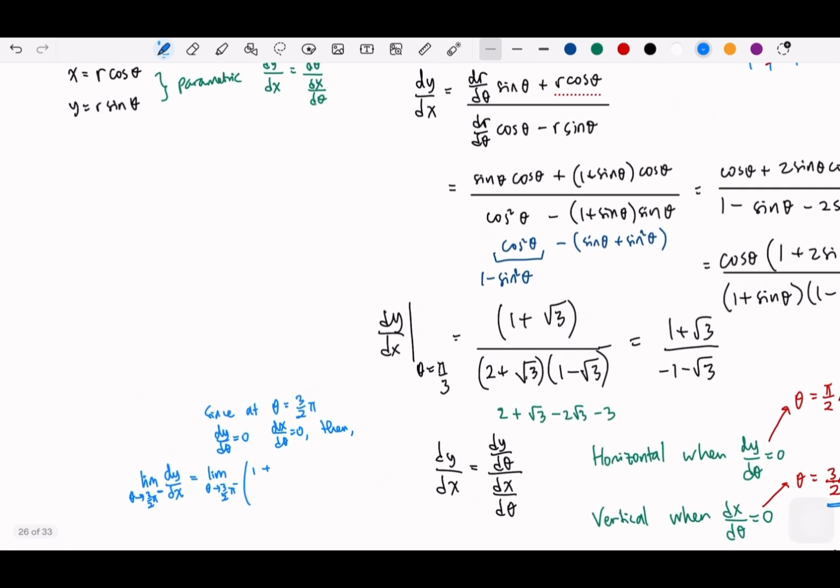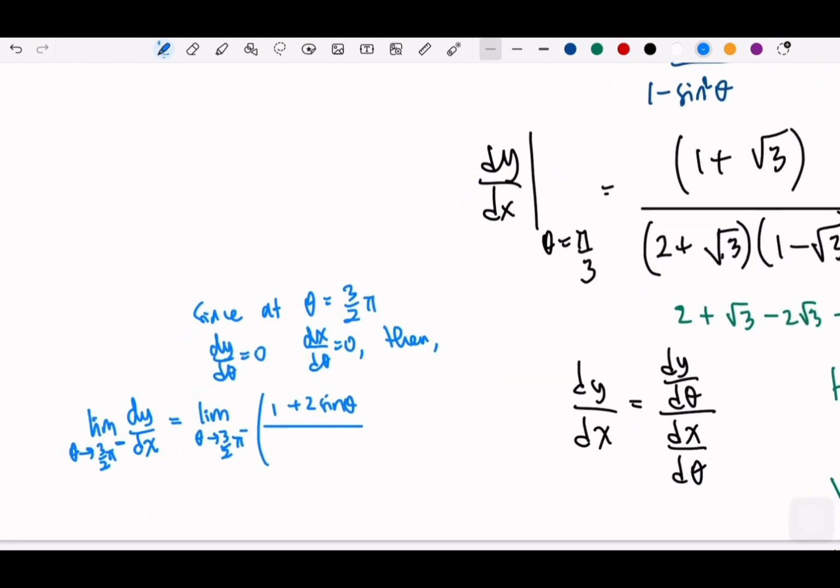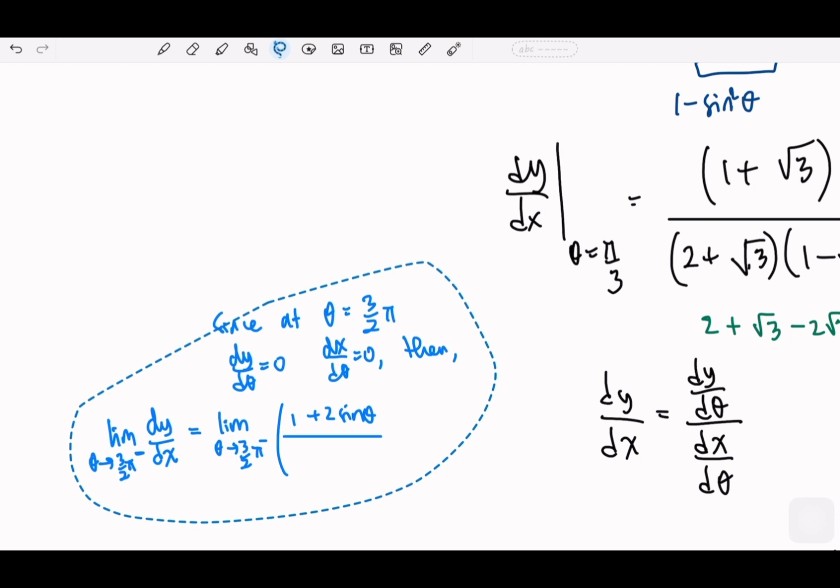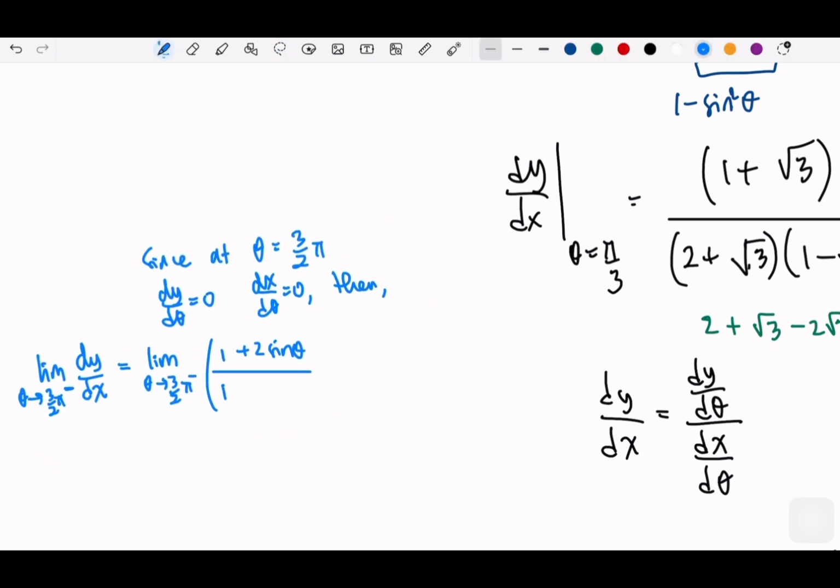So let me write and separate the equations. Let me put on the left. And then limit. And then the other one is this, right? And then we check.